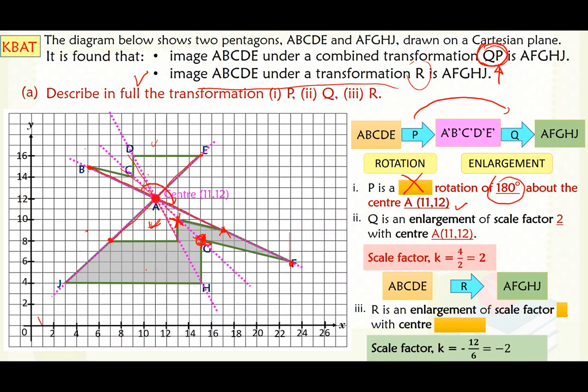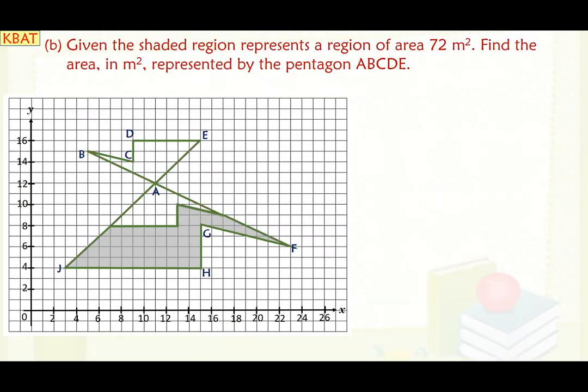This is the center of the enlargement, so it is 11, 12. How do I find the scale factor? The scale factor is 2. I use this one: this is 4, this is 2. So this is 2, and I can write this one.